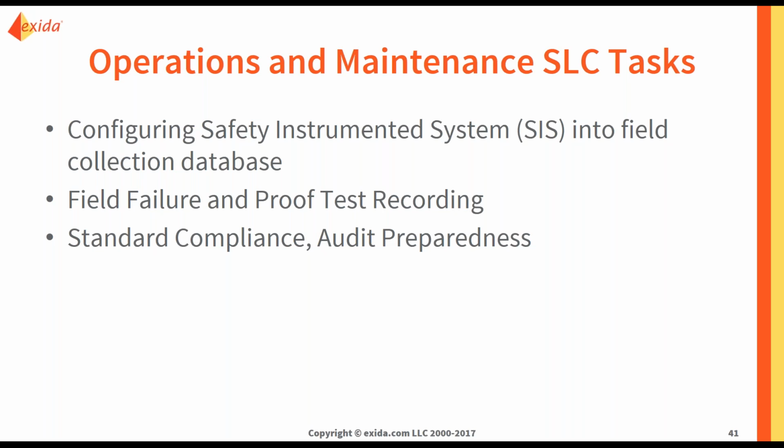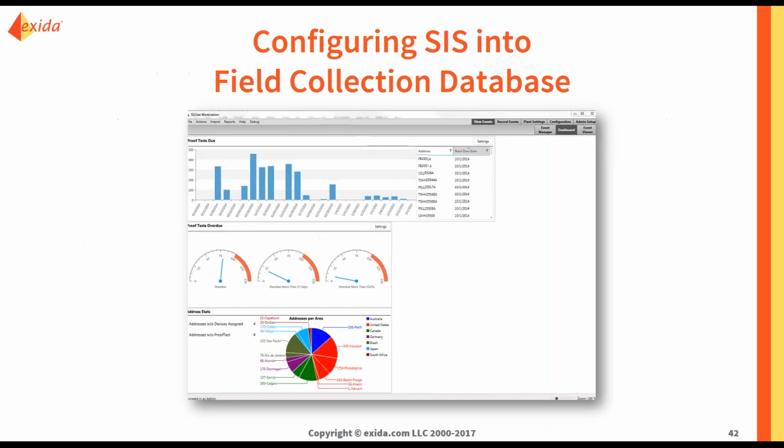And so how would you do this using a tool like Excelentia? The first step can be very difficult if you don't have a fully integrated safety lifecycle tool. You're going to need a list of all your devices, all their model numbers, all their locations within the plant.